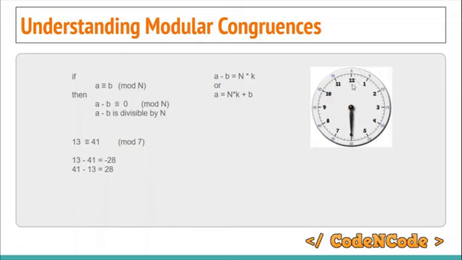So the system is actually modulo 12. So 12 can be considered as 0, and then 1, 2, 3, 4, 5, 6, and so on up to 11, and then again 0. Now you see, if initially the hour hand was on 6, and I ask you the position of the hour hand after exactly 12 hours, of course your answer would be that it would again be on 6.